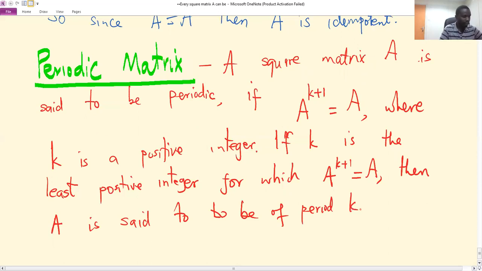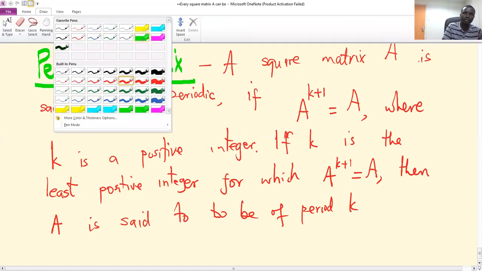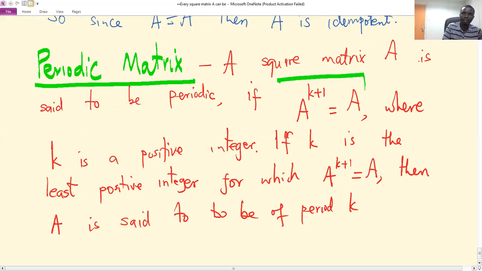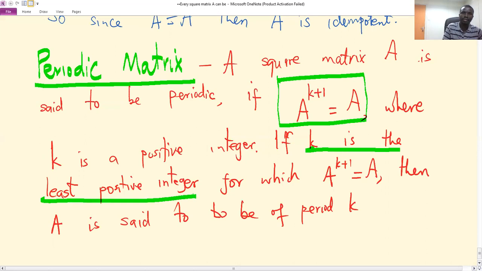So that's how we define a periodic matrix. This is the key definition, where k is a positive integer, or the least positive integer.